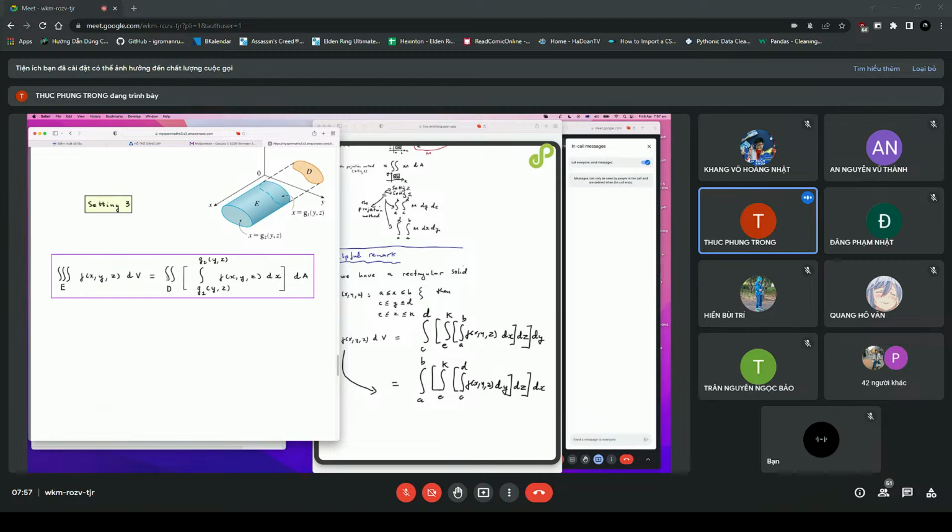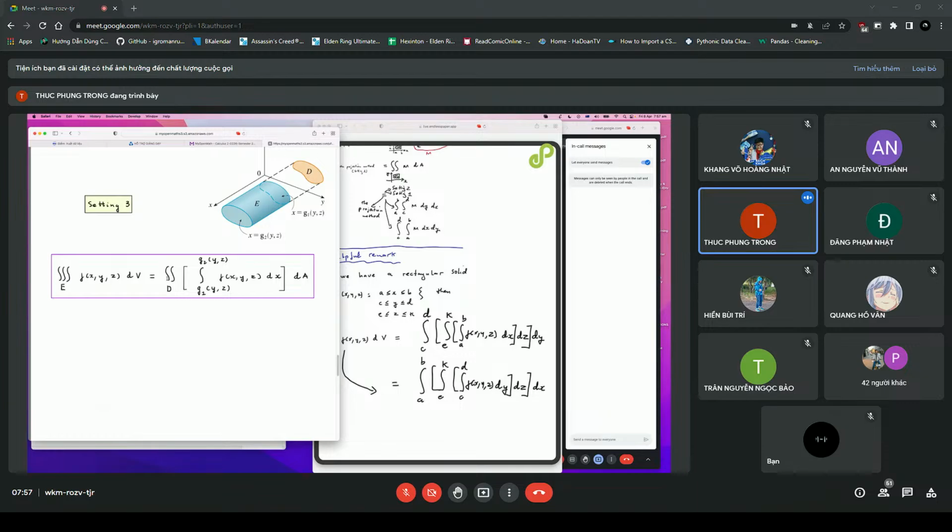When we can easily find the projection onto x or y and the lower and upper surfaces. However, if you are given some solid, let's say suitable for setting 2 or setting 3, then you just go for that.